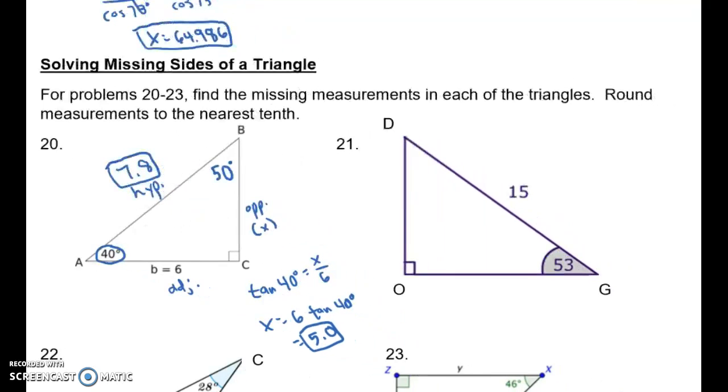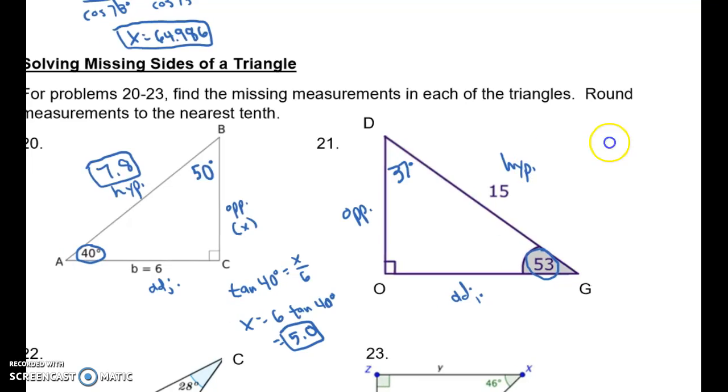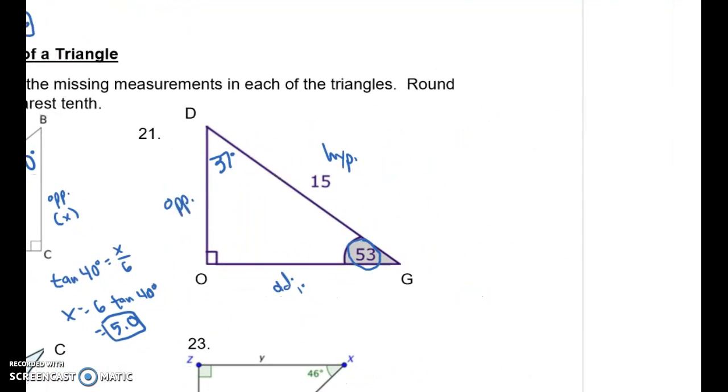Number 21 is a similar type of problem, but the setup's a little bit different because now we have the hypotenuse. So I still want to find this missing angle by subtracting from 180. And if I'm looking at the 53-degree angle, across from it, that's my opposite side. This is my adjacent side, and this is my hypotenuse. The fact that I have hypotenuse, it's actually a good thing for us because now we can use the sine and cosine more readily. So I'm going to start with the sine.